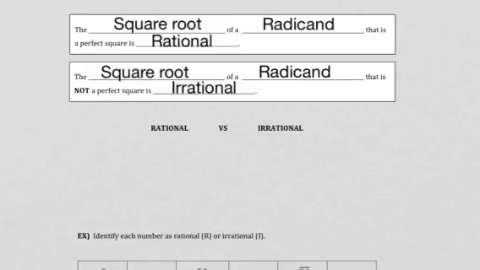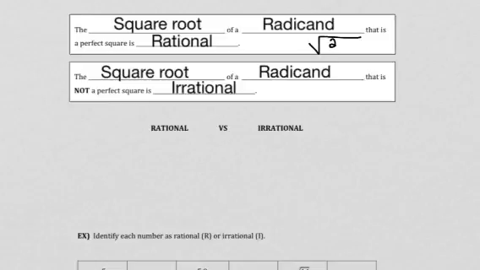It says in the top box that the square root of a radicand that is a perfect square is rational. So this is a bunch of vocabulary that we've already talked about in previous videos. Let's remind ourselves, if we have a square root, the radicand is the number under the square root.